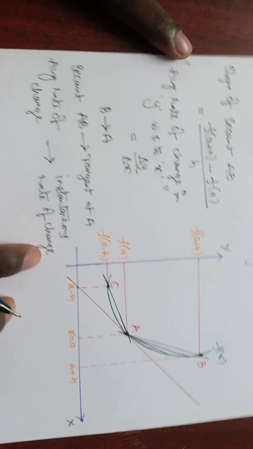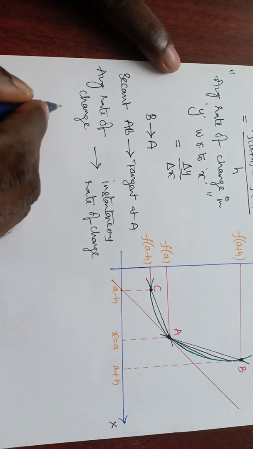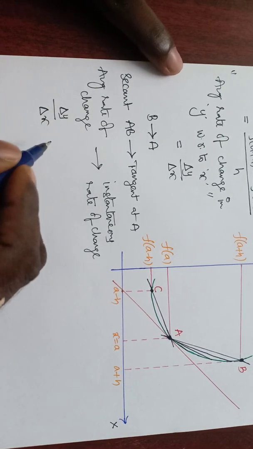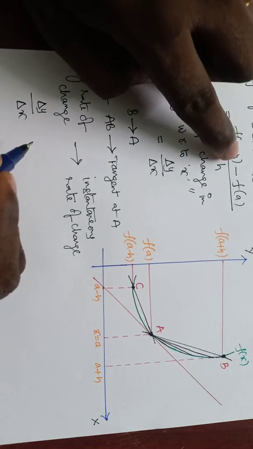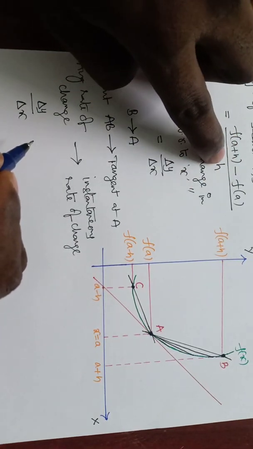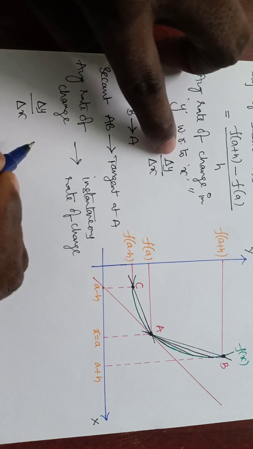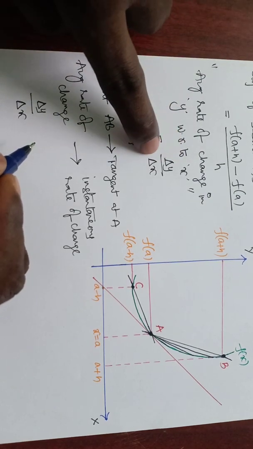So which means delta y by delta x. What is delta y by delta x? Clearly it is f of a plus h minus f of a by h. I write it as delta y by delta x, because it is the rate of change in y coordinates with respect to x.